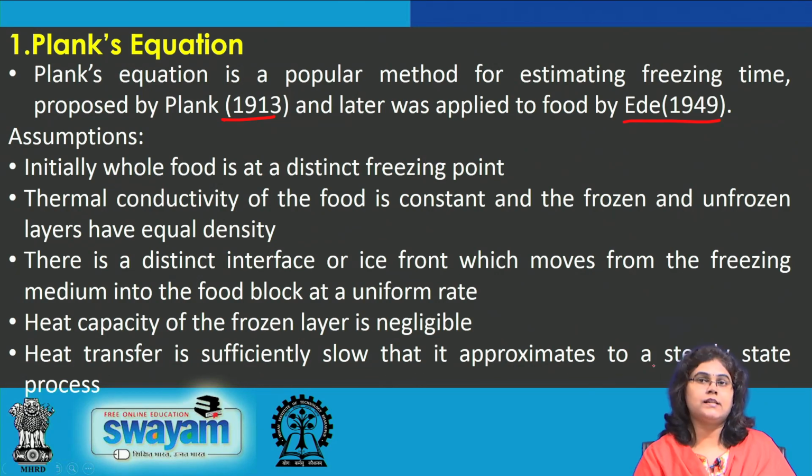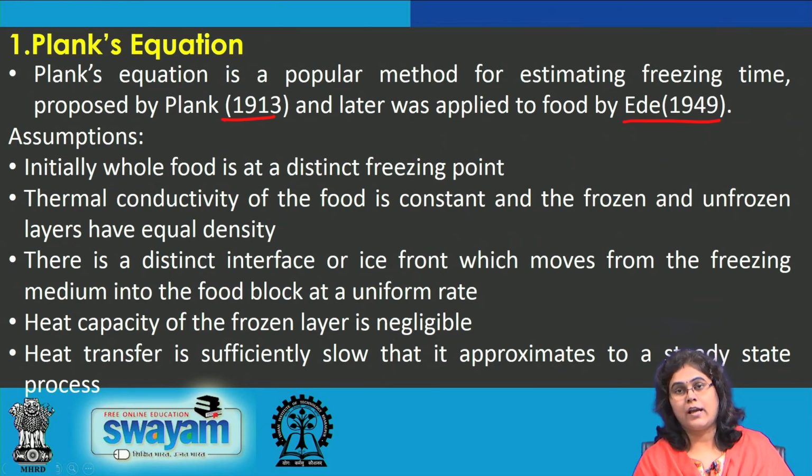So, under this list of assumptions, Planck's equation has been derived, but this is the first freezing time calculation based on Planck's equation, and based on this, other modifications are being attempted by different researchers, and that is coming into picture.